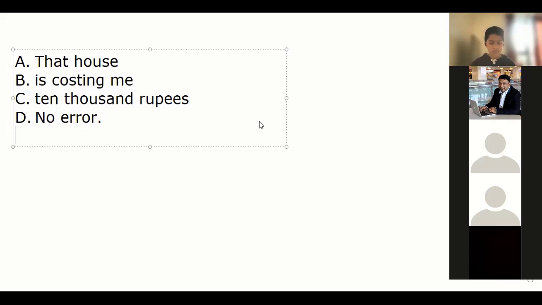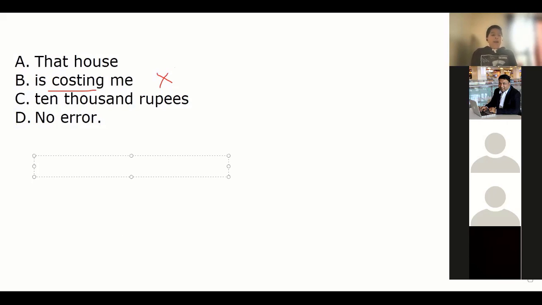The house costs 10,000 rupees. So guys, you are right, Moksha. And even Shania said this statement is wrong. This is not correct. You will say that house costs me or will cost me, whichever way, because is costing me is not the correct way. You can say costs me. Let me write it here.